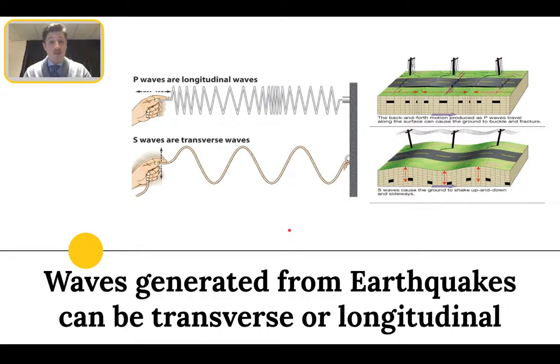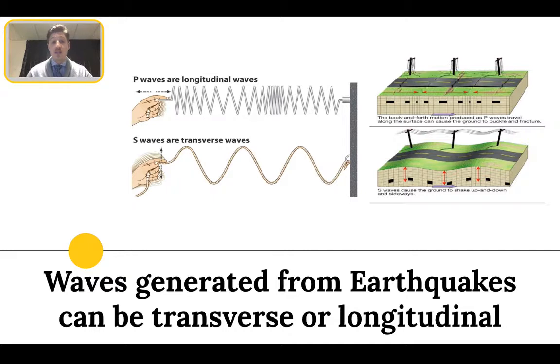So, the waves generated from an earthquake travel through the ground as both longitudinal and transverse waves. Primary or P waves are longitudinal waves and move the fastest. They are similar to sound waves and can travel at 5,000 metres per second through solid rock.